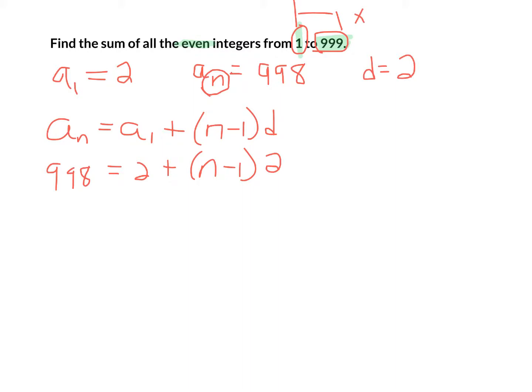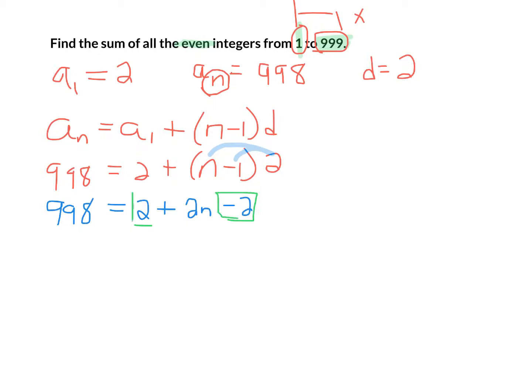Alright, so now let's distribute this in. So I'm going to take this 2 and send it inwards. So we're going to have 998 equaling 2 plus 2n minus 2. We then need to combine our like terms here. So again, my like terms are this and this.